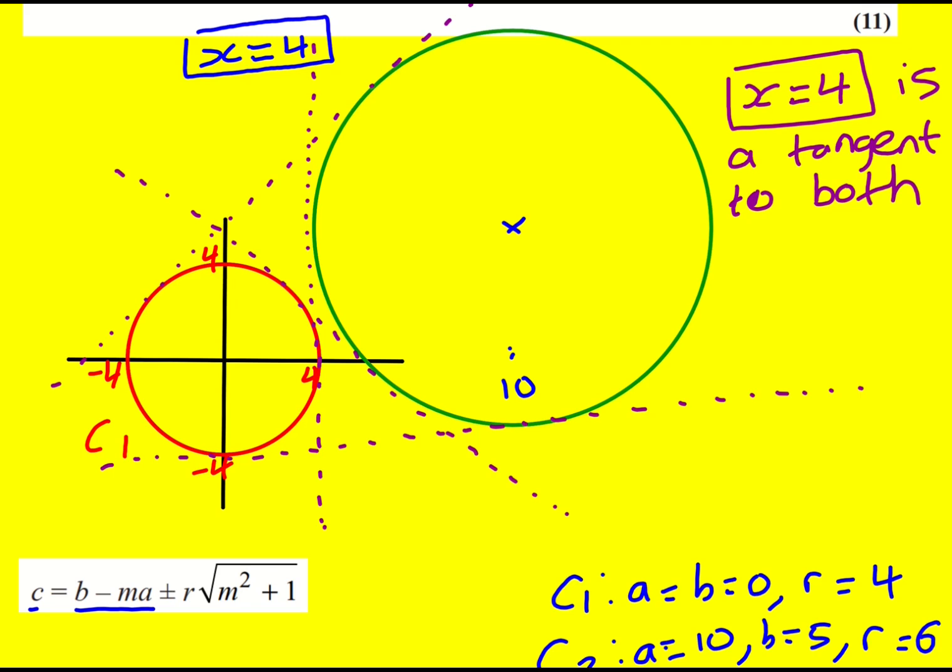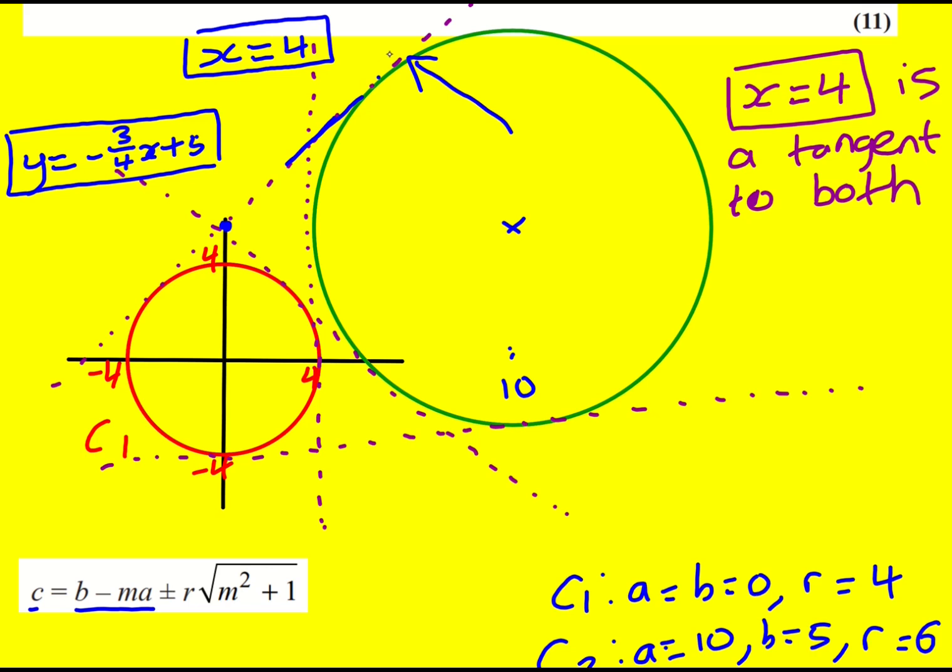Okay, I've got one with a negative gradient, so that's going to be quite easy to find. This one here, y equals minus 3/4 x plus 5. And you can even see it going through the same point as another one. This one here, this purple line, that's therefore got to be y equals 3/4 x plus 5.